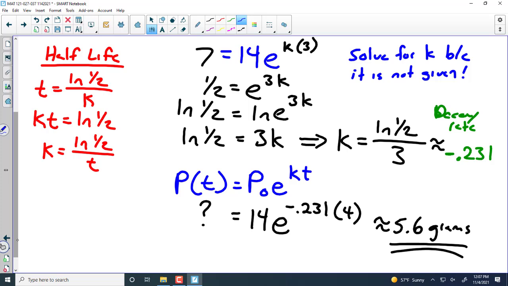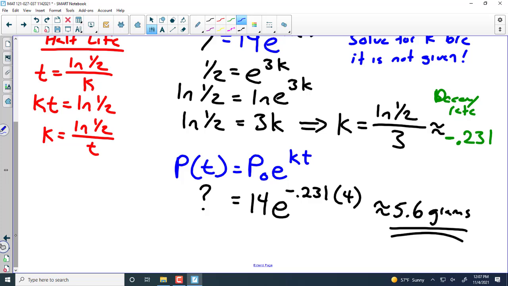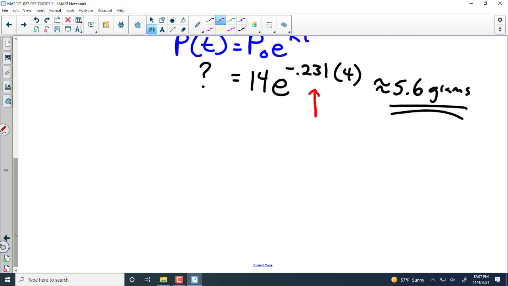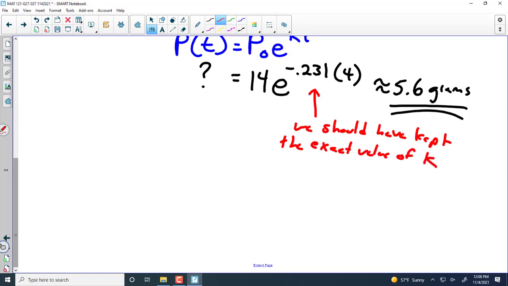So really what we should have done is keep the exact value of K and use it here. Well, the problem is we don't know the exact value. It was in our calculator.